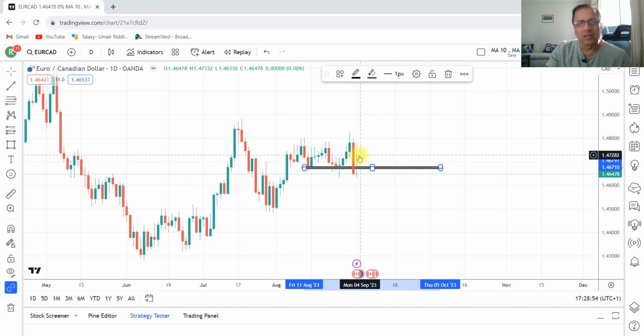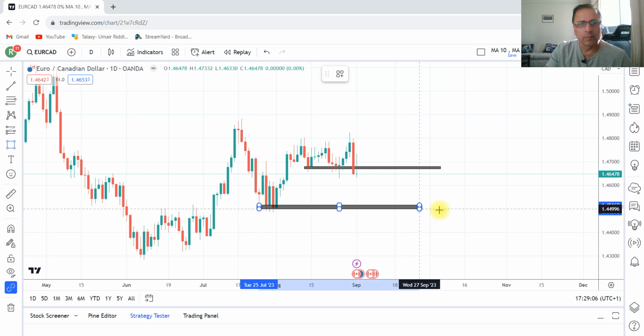Friday's candle broke back up and then closed with a very small body below this level. So my prediction would be that it will keep on going to at least these lows.